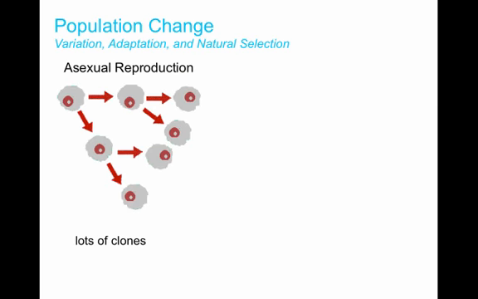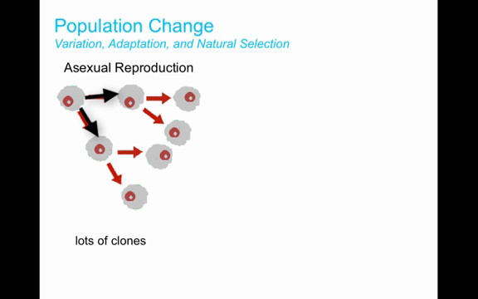For now, let's compare the two different ways that organisms can pass their genes, their DNA, onto their offspring. The first method is called asexual reproduction. In this type of reproduction, parents basically copy themselves, split themselves in half, and produce two new identical copies of themselves.